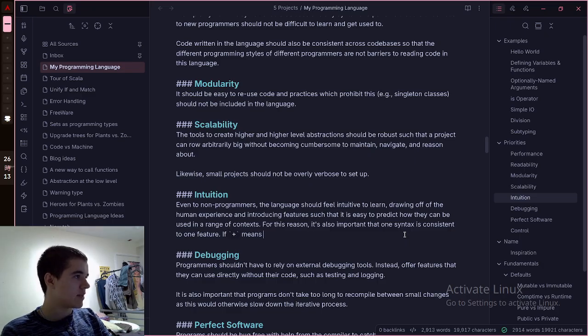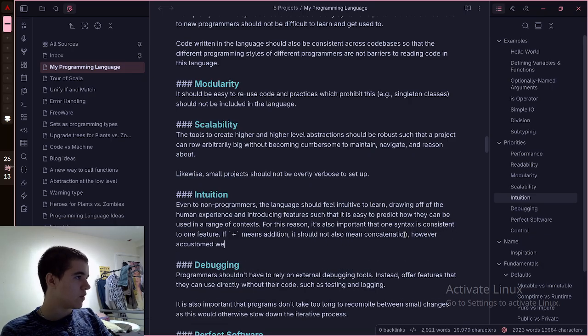If plus means addition, it should not also mean concatenation, however accustomed we have become to it.